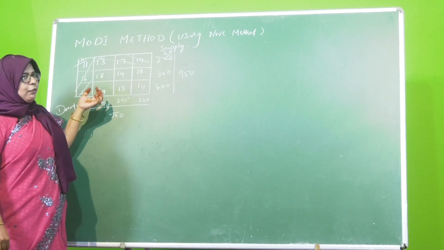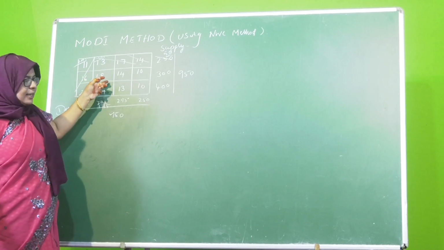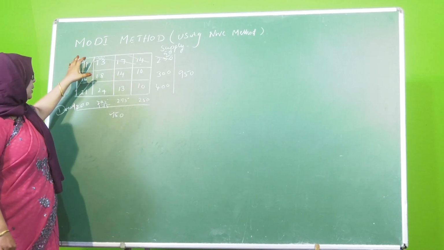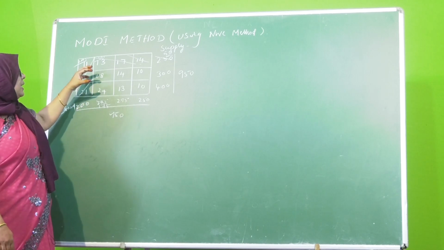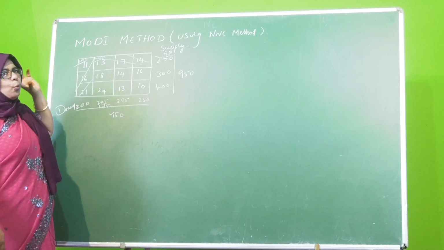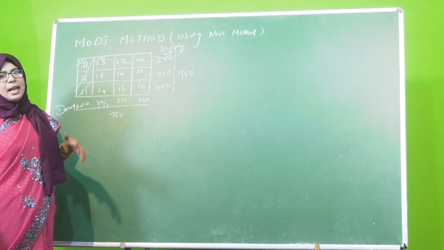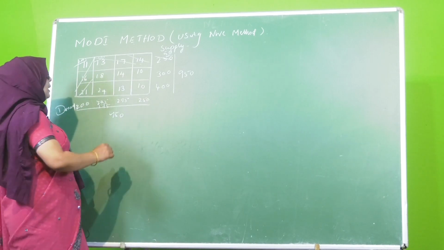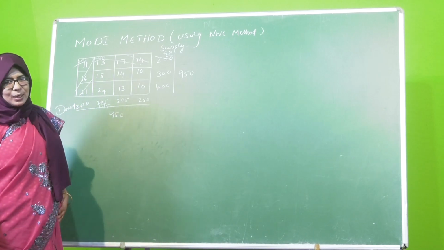Obviously, we know which one is the northwest element. 18 is the northwest corner element, because the first row and the first column vanish. So, only the remaining elements occur. The row element is 300 and the column element is 175.